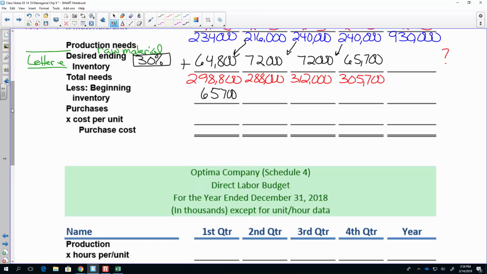For the year? 65,700. 65,700, which just comes over, which gives me a total of 995,700.